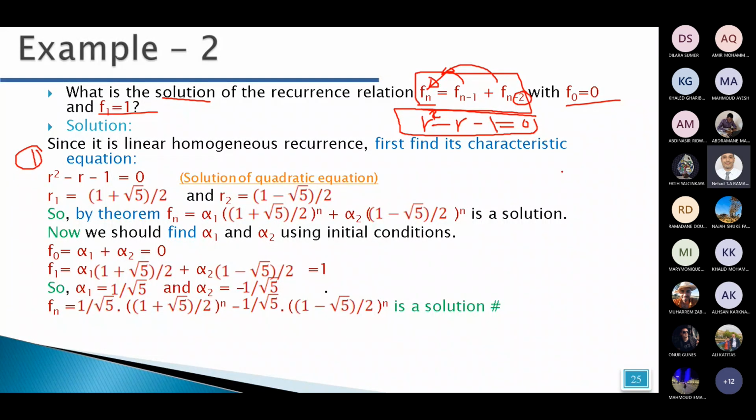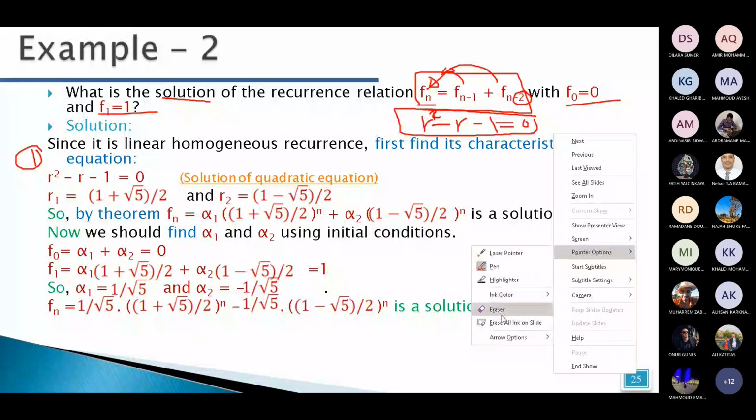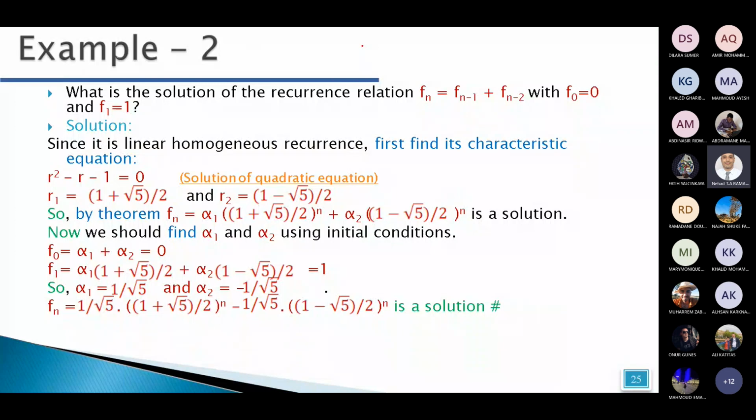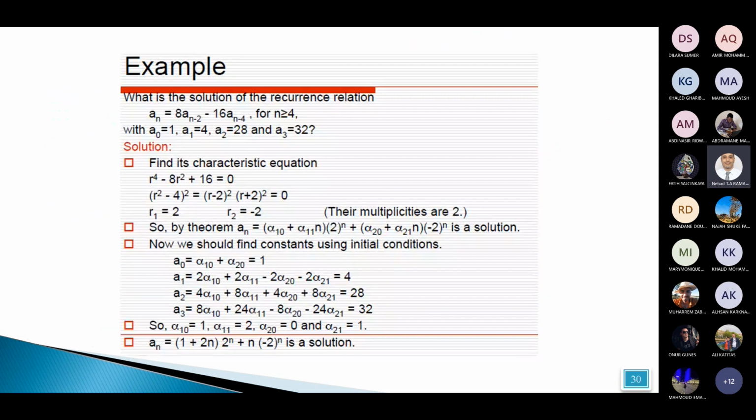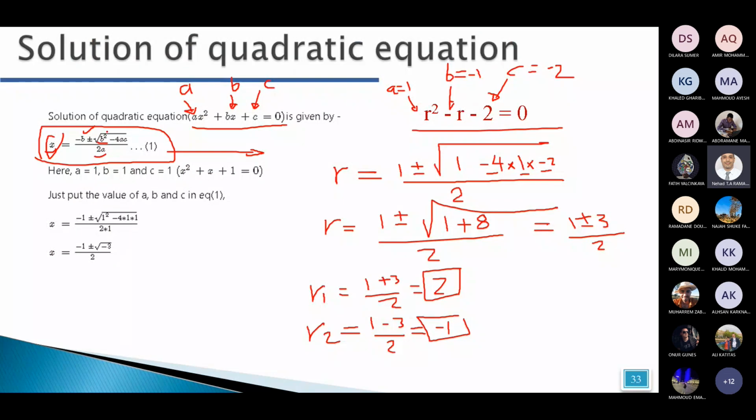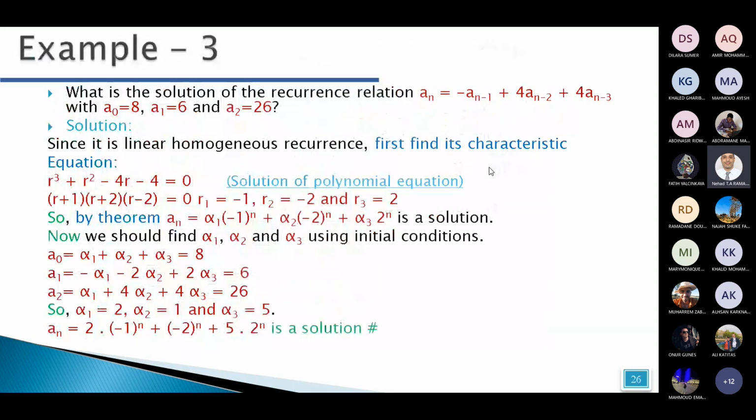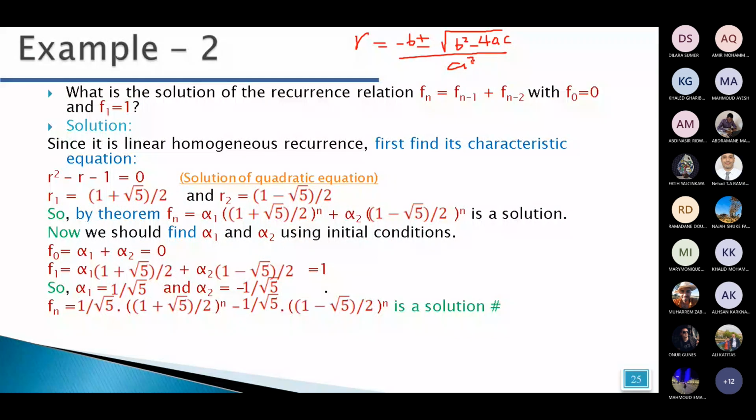When you use the general solution, it's like this: R equals minus B plus minus root of B power 2 minus 4AC, divided by 2A, not A power 2.